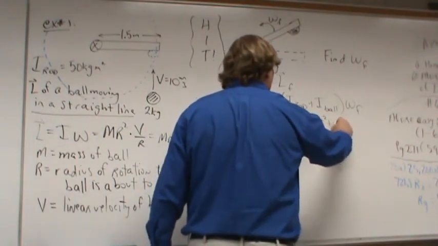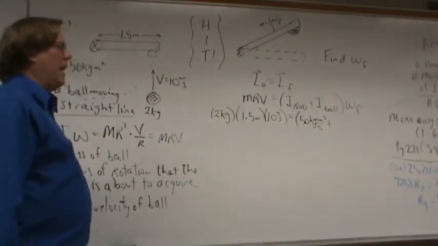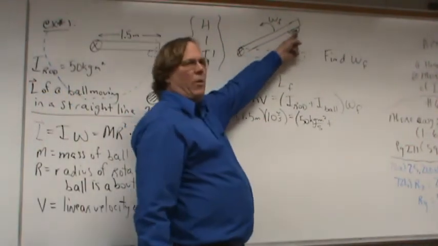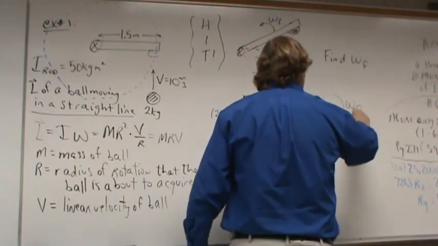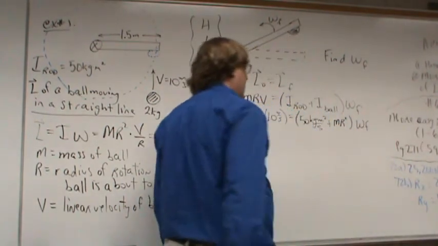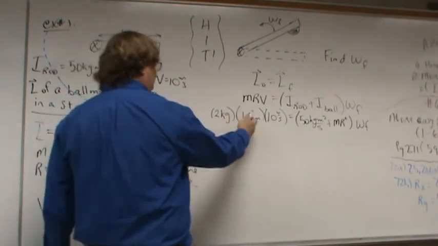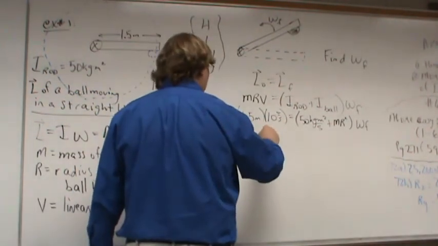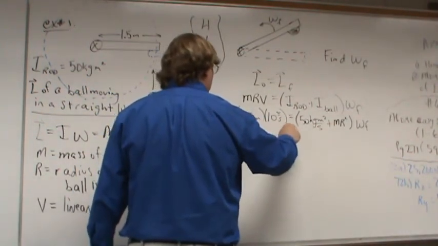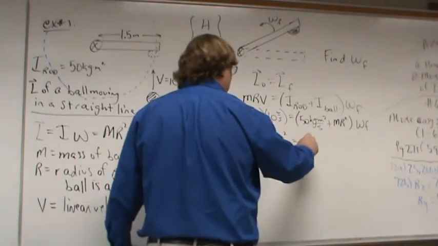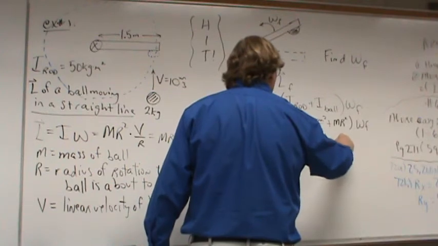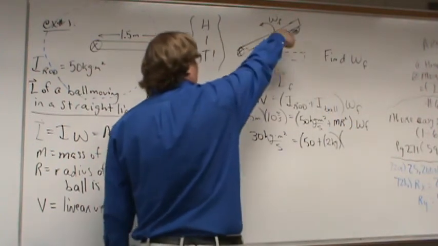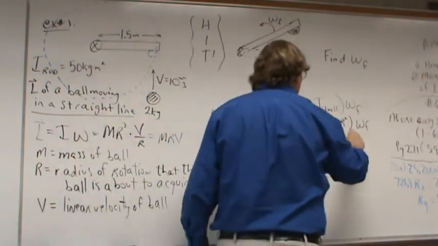The moment of inertia of the ball, I'm going to have to find that. The ball is still a point mass moving in a circle, so it's going to be mr squared, omega f. Let me see, 3, that's 30. 30 kilogram meters squared per second equals 50 plus m is 2 kilograms, and the radius of the circle that it's rotating in is 1.5 meters.